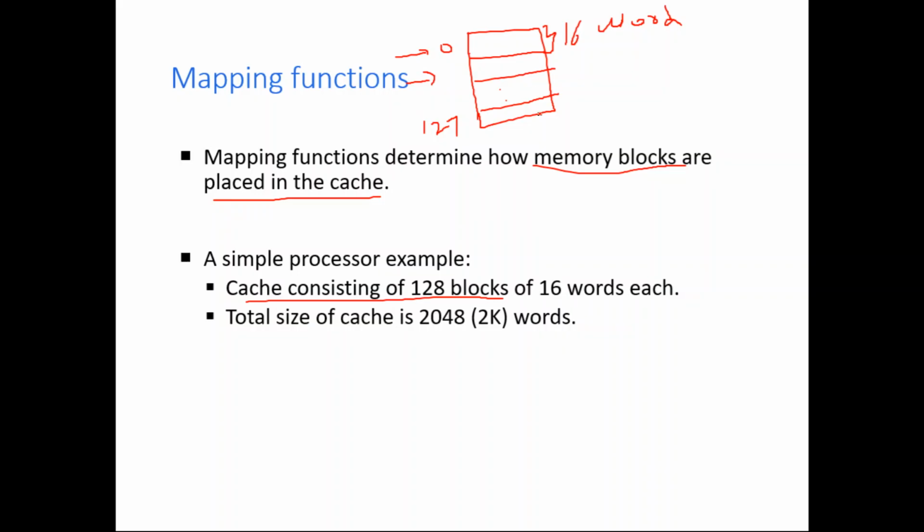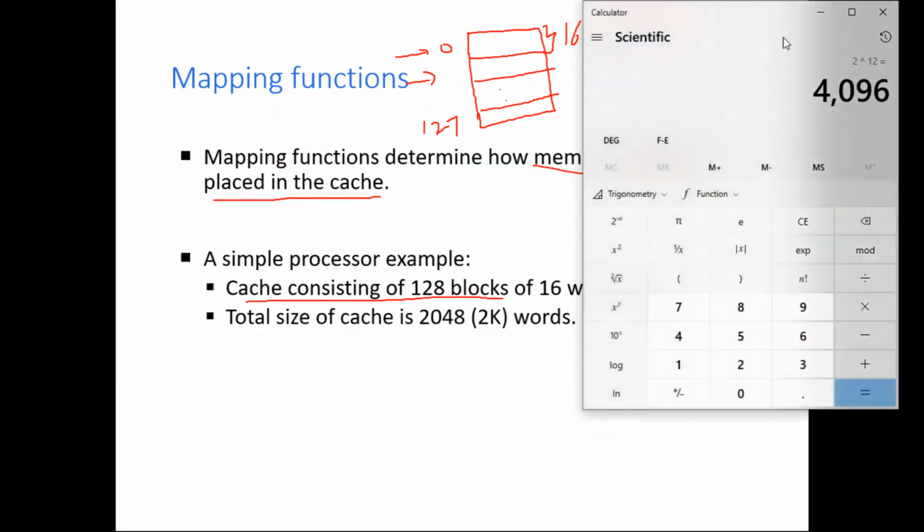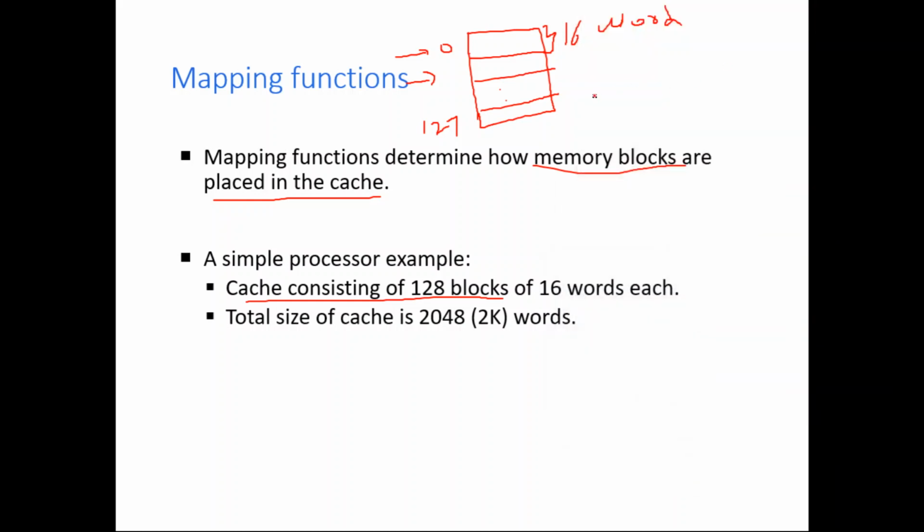So totally the cache memory can hold 16 into 128 words, because there are 128 blocks and each block holds 16 words. That is 2048 words, which is nothing but 2k.